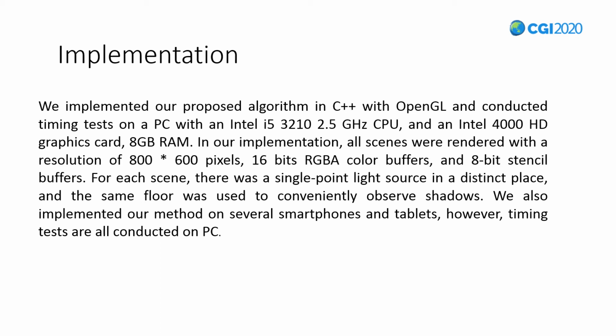In our implementation, all scenes were rendered with a resolution of 800 × 600 pixels, 16-bit RGBA color buffers, and 8-bit stencil buffers. For each scene, there was a single point light source in a distinct place, and the same floor was used to conveniently observe shadows. We also implemented our method on several smartphones and tablets. However, timing tests are conducted on PC.